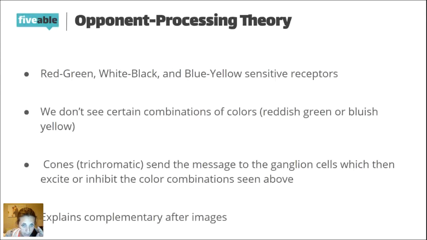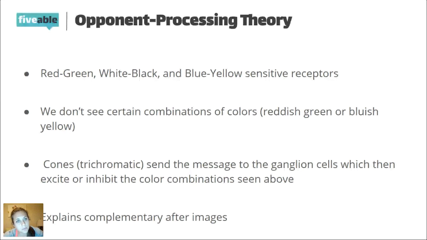The green, the black, and the yellow receptors were working really hard in your eyes. And then when you look away and see that complementary afterimage, the green, the black, and the yellow were tired from you staring at that image for so long that all the switches flipped, and then you saw the red, white, and blue. So this works with complementary afterimages. The flag is the best example because it actually looks like the American flag when we do that.